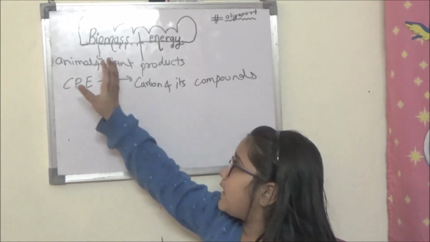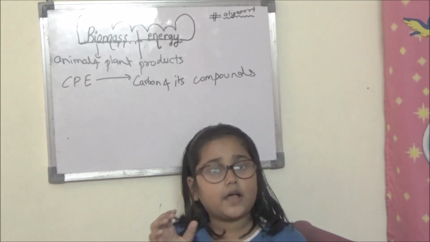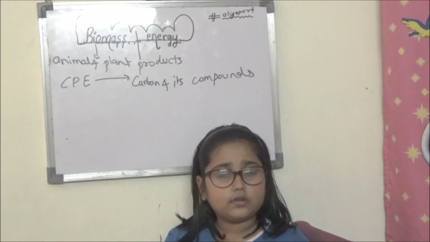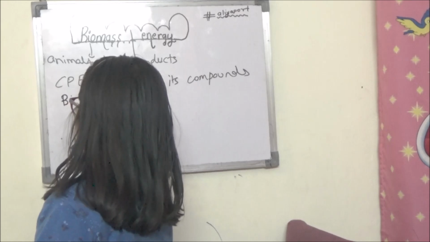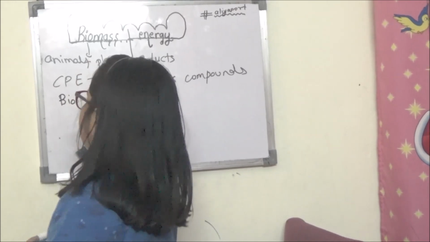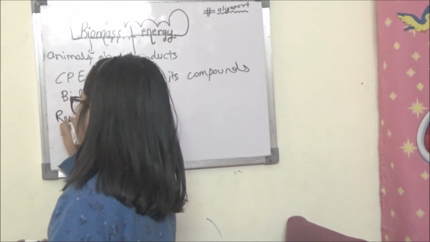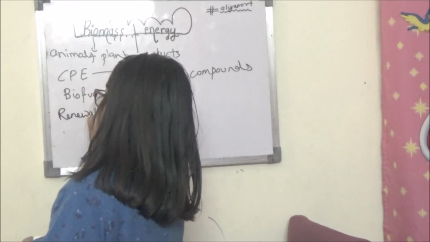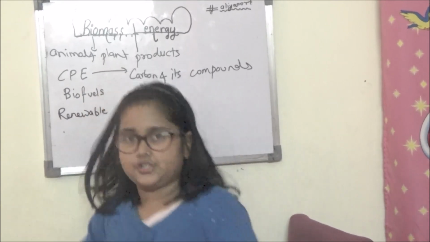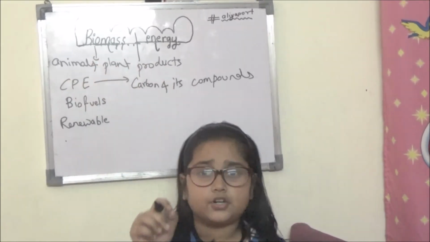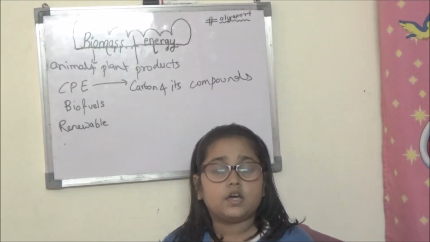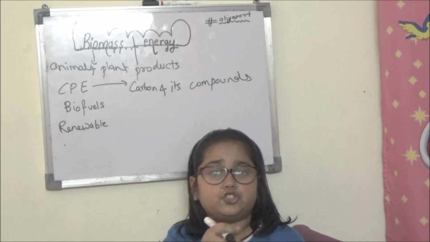Now, this biomass can also be used as a fuel. These fuels are called biofuels. Biomass is a renewable source of energy. That is, the energy which we obtain from biomass, that is biomass energy, is also a renewable form of energy.